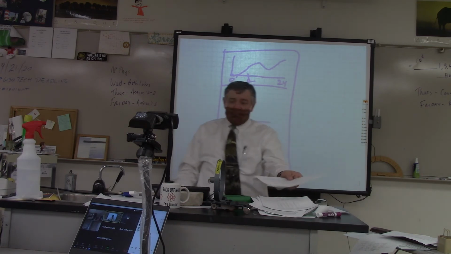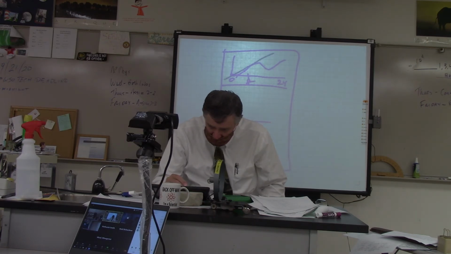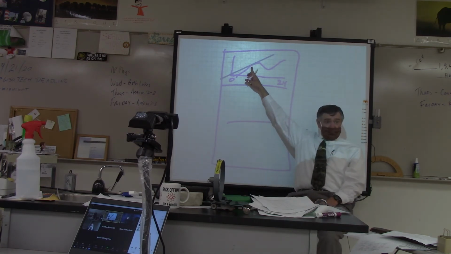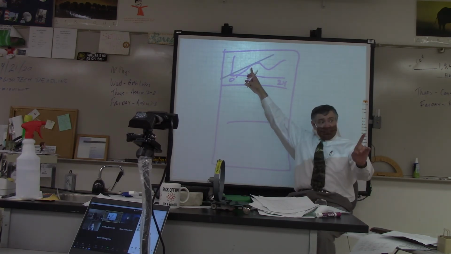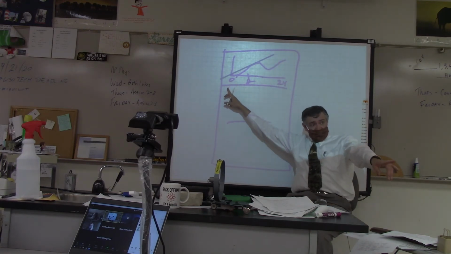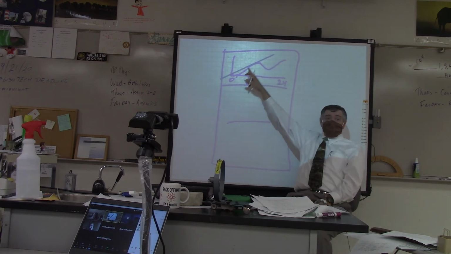You're going to come in here and draw a tangent line that only touches the curve at that exact 8-second mark. That's the first thing you have to do: take a ruler and draw that tangent line. The second thing is you're going to find the slope of this line.